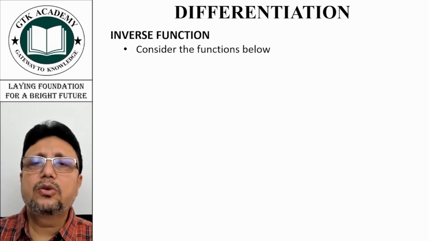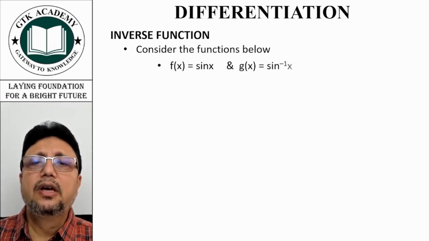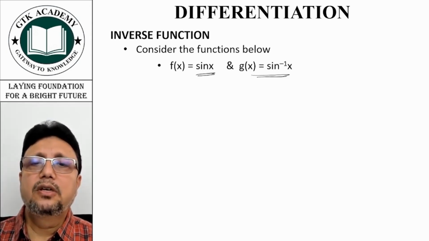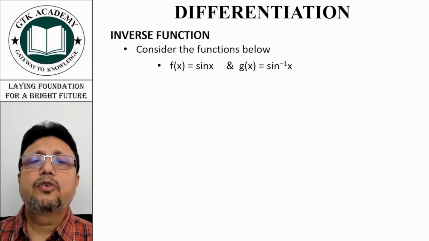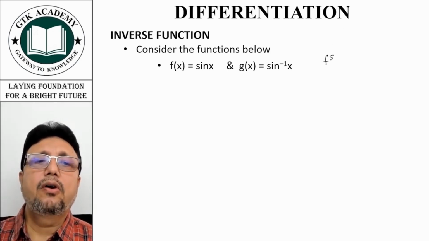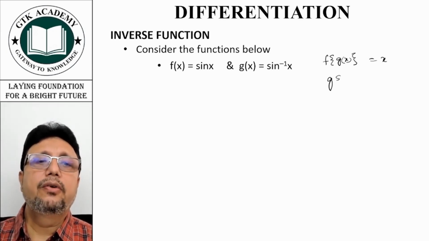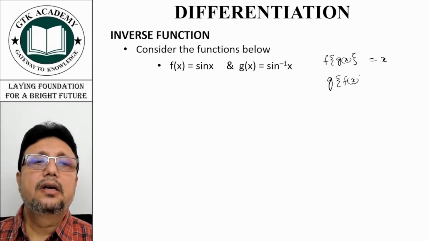Let us discuss sine and the inverse of the sine function. For example, f of x is equal to sine x and g of x is equal to sine inverse x. Are they inverse of each other? If they are inverse, then f of g of x will be equal to x, and g of f of x will also be equal to x.